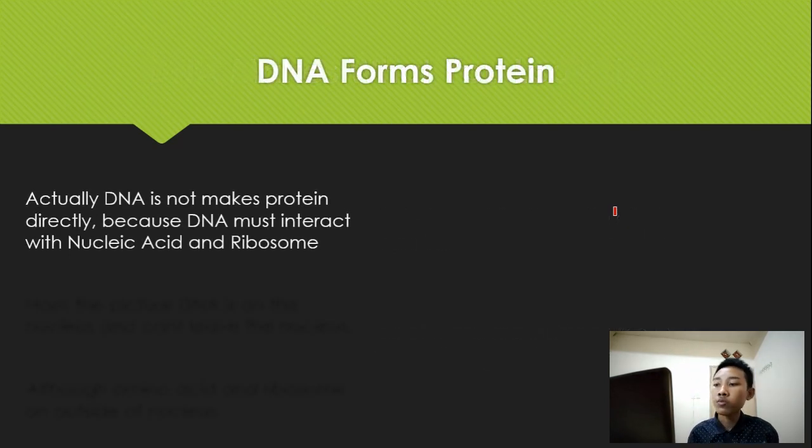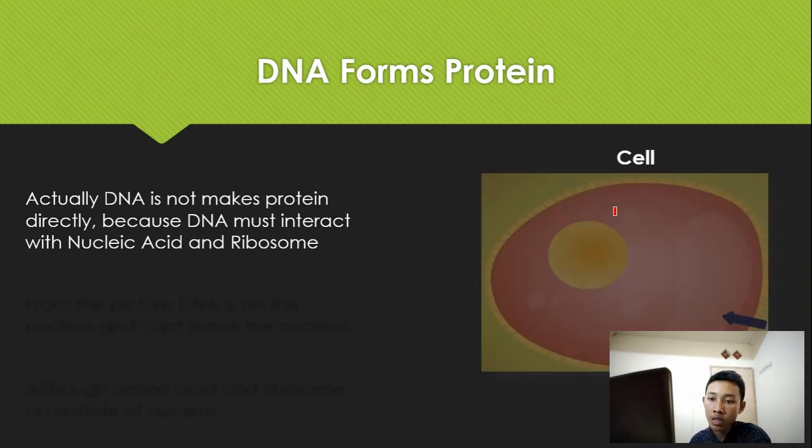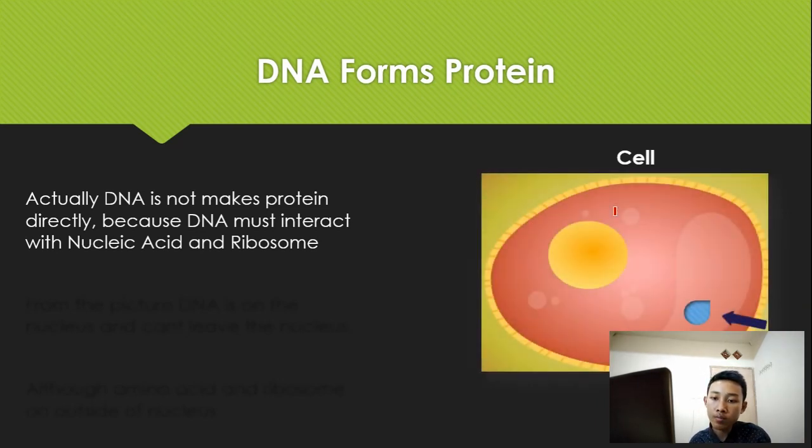The other function of DNA is forming protein. Actually, DNA does not make protein directly because DNA must interact with amino acids and ribosomes. So if we have a cell here, there is the ribosome, the cytoplasm in red, and the nucleus in yellow inside the red.